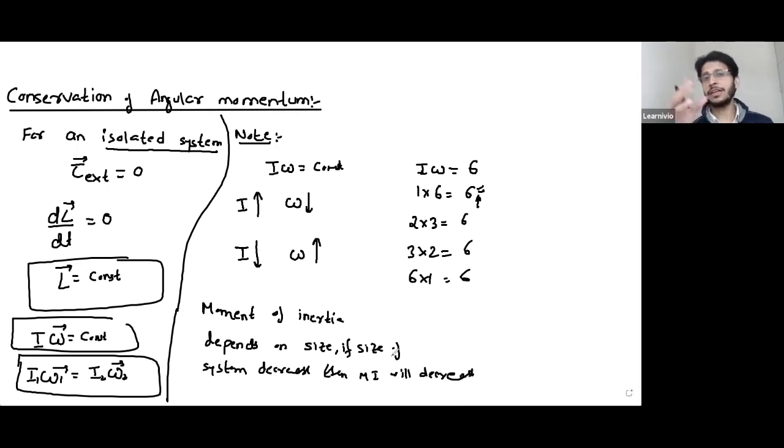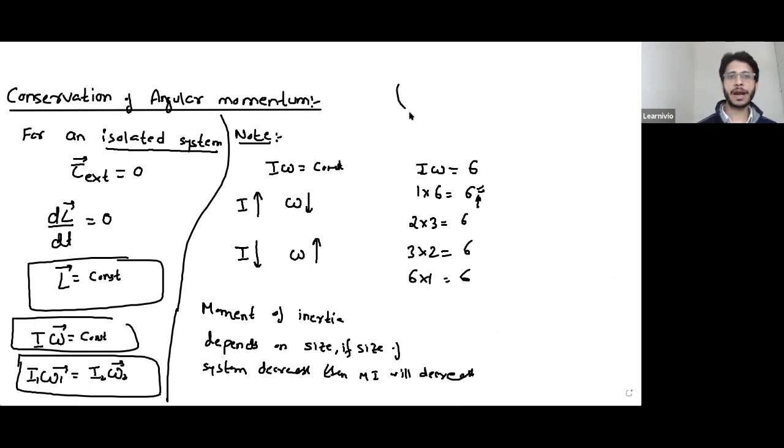Again, I'm not saying that it depends only over size. It even depends upon mass and distribution of mass. But this is one factor, size, which you will use very frequently. If the size of your system decreases, then definitely its moment of inertia will decrease. And if its moment of inertia decreases and the system is isolated, that means angular velocity will increase.